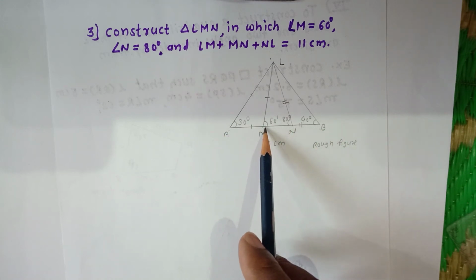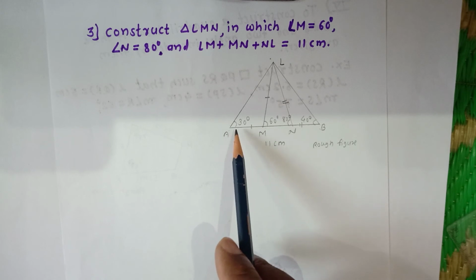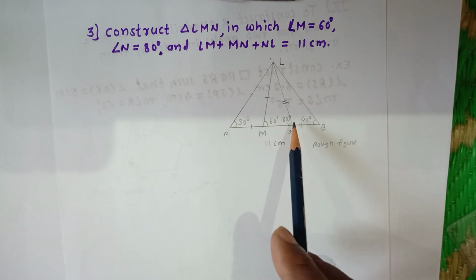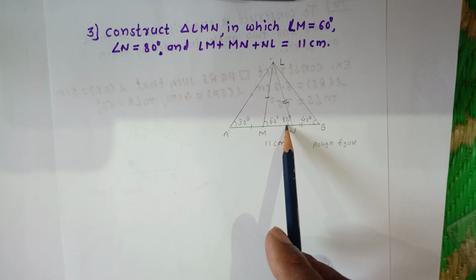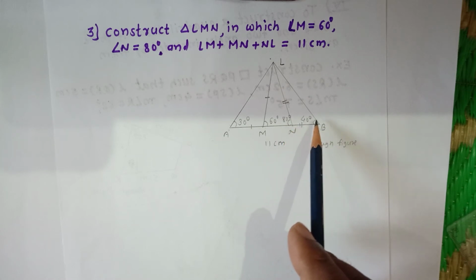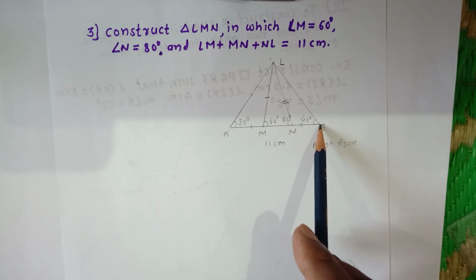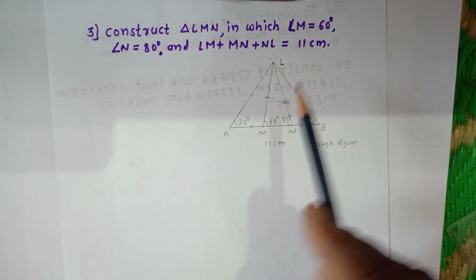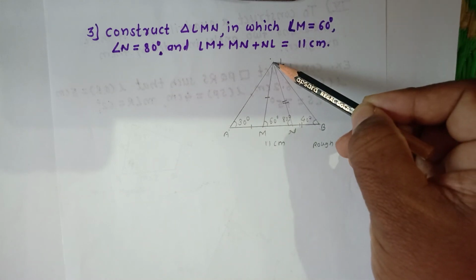Angle M is 60 degree. Take half of 60 degree, that is 30 degree, and draw ray making an angle 30 degree at point A. So angle N is 80 degree. Now take half of 80 degree, that is 40 degree, and draw ray from point B making an angle 40 degree. So these two rays meet at point L.